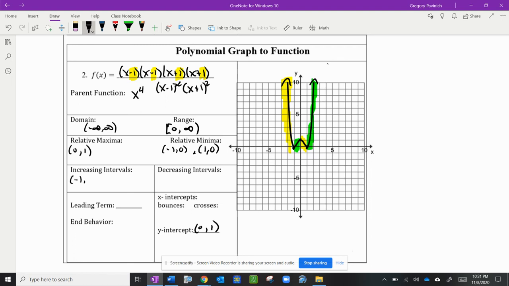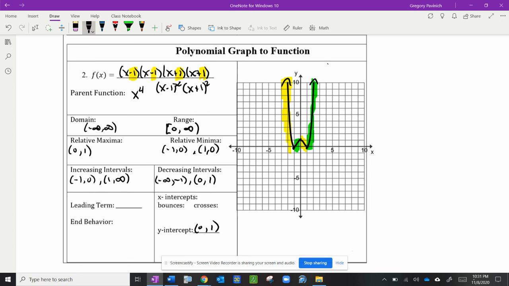Be careful on that. That one's really tricky because when my x is 0, we really want to go to that y value. The other interval of increasing is when x was 1 to infinity. Decreasing, I'm decreasing from negative infinity, this first yellow line on the left, all the way down to the x value of negative 1, and then I'm decreasing from 0 to 1.